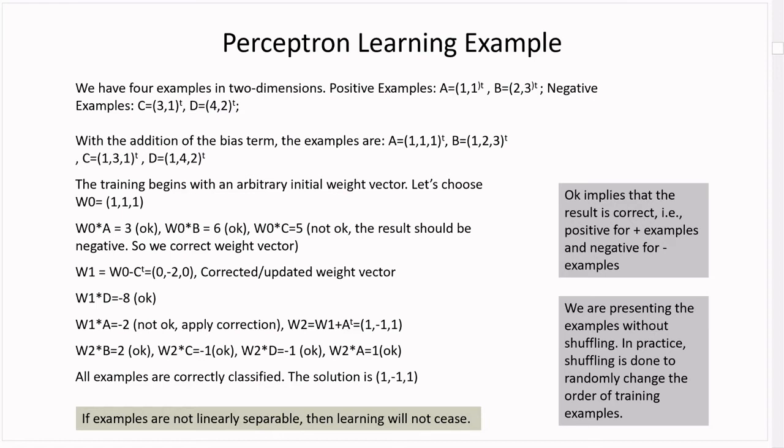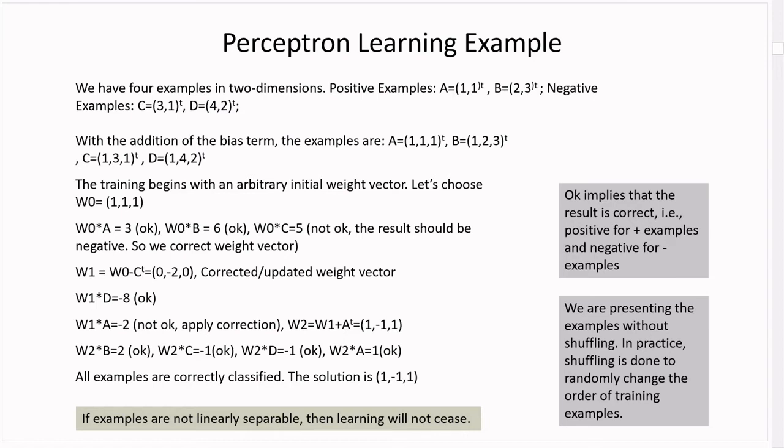The correction applied here is simply adding A to the weight vector. In this case, we are pushing the weight vector in a direction so that after correction, it will produce an answer much larger than the answer it was producing earlier. That means hopefully it will drive the answer for A to the positive side. That is what we want. So the updated value becomes now 1, minus 1, 1.